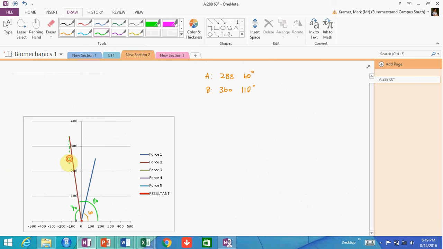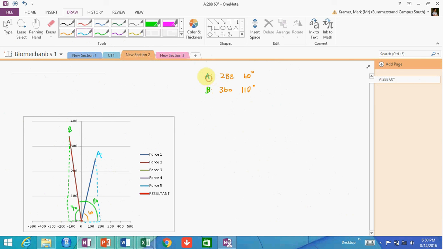So I could deconstruct this force vector into its vertical and horizontal components, and I could deconstruct this force vector into its vertical and horizontal components, right, using the respective angles. That'll make it easier for me to calculate. Okay, so let's go with vector A first. Let me just make it abundantly clear again that this is the one I've labeled vector A, and this is the one I've labeled vector B.